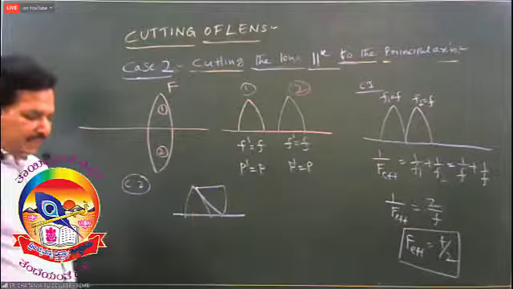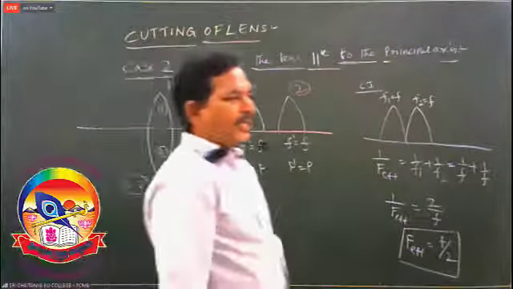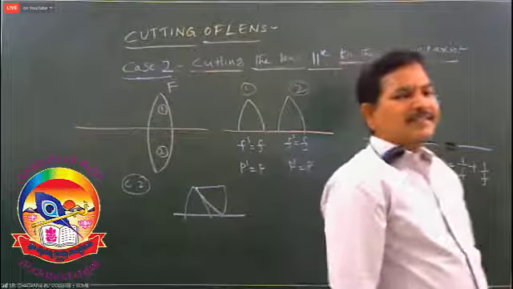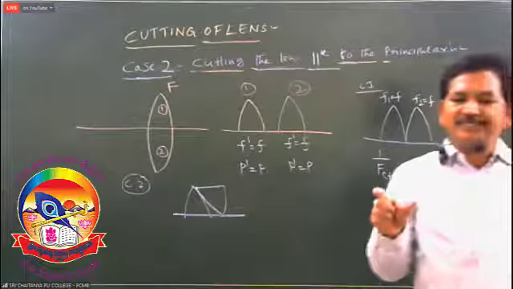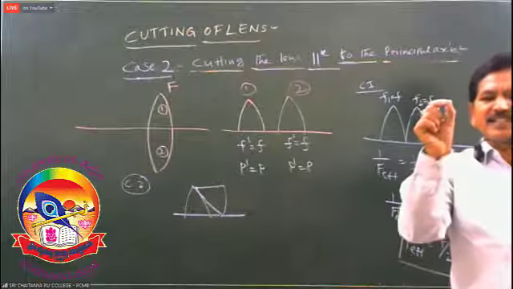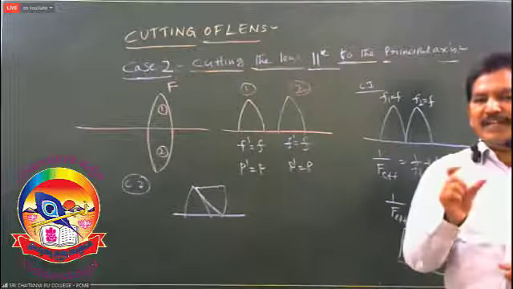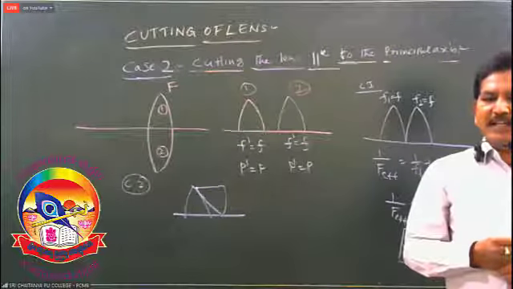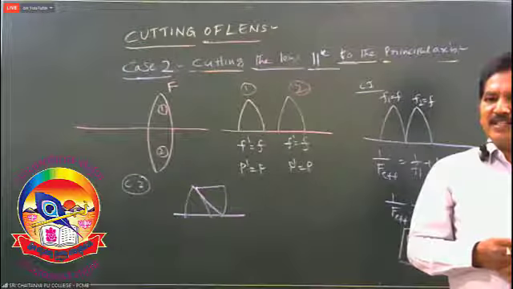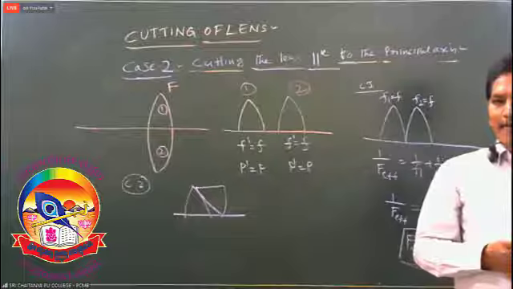How to identify convex and concave lenses? The middle part thin and near the edges thick. Just by identifying the thickness, we can identify the concave lens and the convex lens.